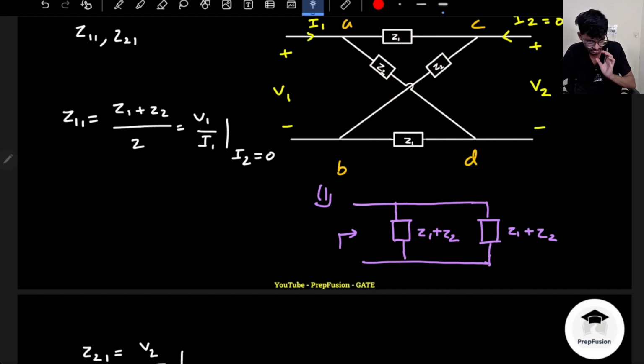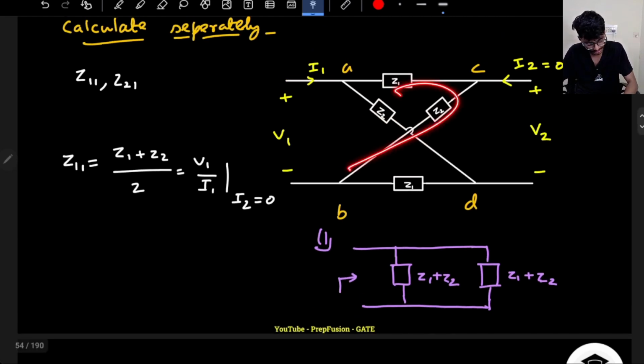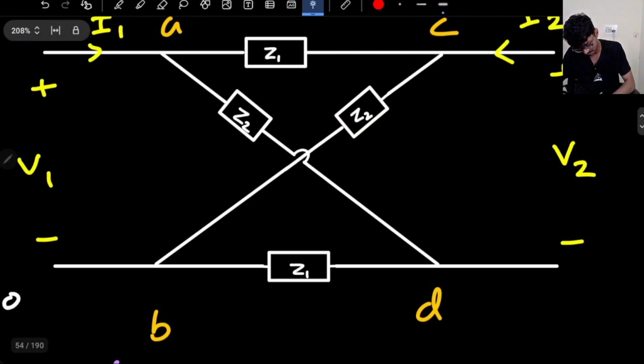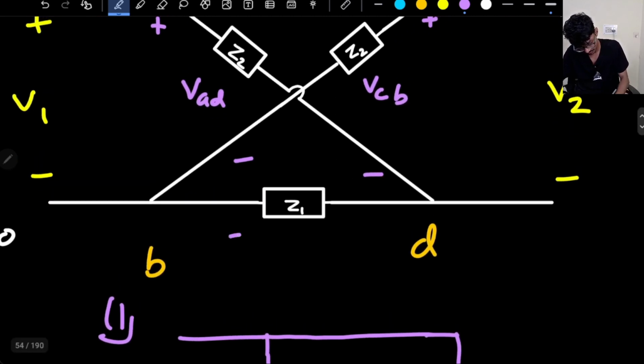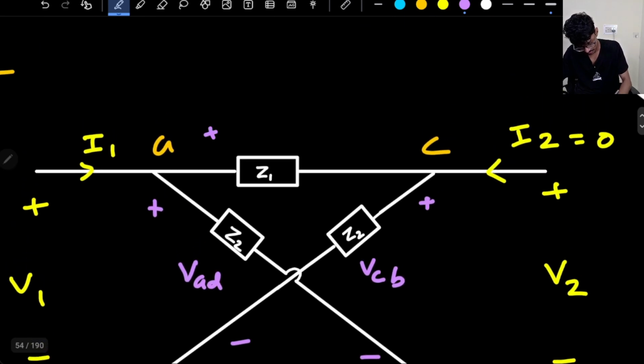If I break down this voltage, because these two are in series, let me mark the voltages here: this is VCB, and this one is VAD, and this one is VBD, and this one is VAD.